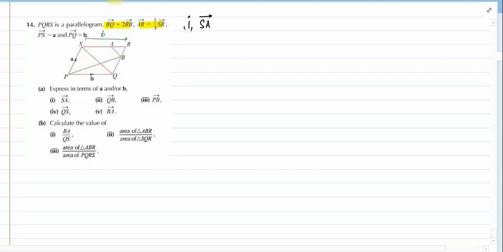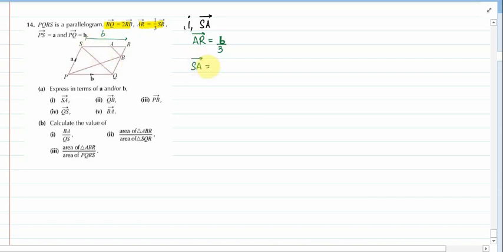AR is given. Now, what is AR? According to this condition, AR is 1 over 3 SR, and SR is B. So basically, AR, this part, is B over 3. If this part is B over 3, what is the remaining part? Or you can say that you can find SA.